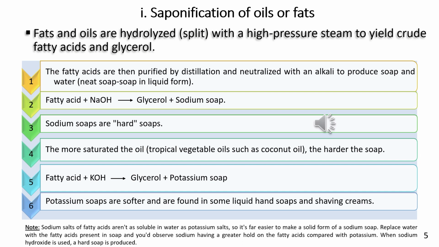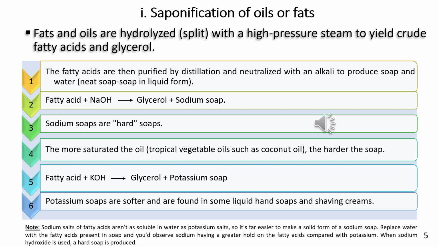Number 1 is the fatty acids are then purified by distillation and neutralized with an alkali to produce soap and water. Neat soap in liquid form. So here the fatty acids are produced, and they proceed towards a purification process, where they are purified by the process of distillation.